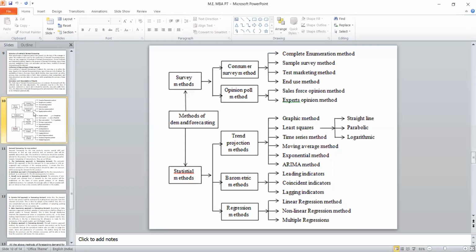In the next class we will have one case study, and I will explain each and every method in least squares. Here there are three possible curves: straight line, parabolic, and logarithmic. I can go through all three, but I will solve the sum from the past question paper and apply least squares. You can understand it in the next class.